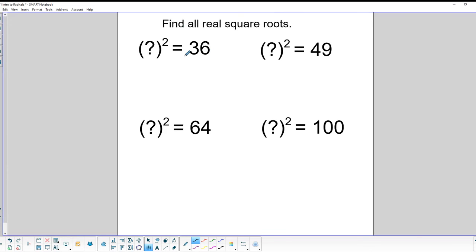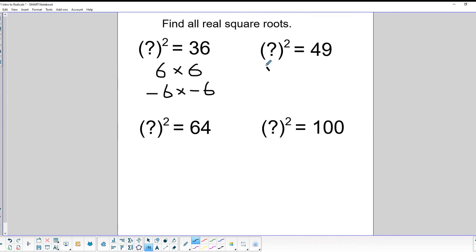Well, I happen to notice that that's a perfect square, so my square roots would be 6 times 6 and -6 times -6. And then this way of writing this means what number squared gives you 36? Well, -6 squared does, and so does +6.